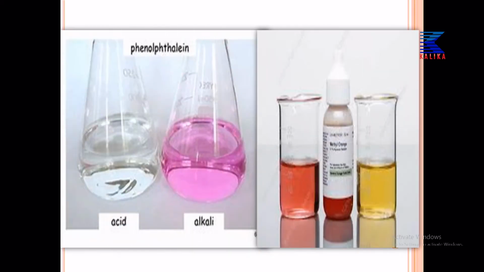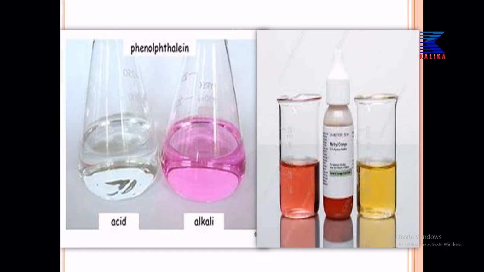Now, similarly, other types of indicators are phenolphthalein and methyl orange. The color of phenolphthalein does not change in acid, while in alkali the color changes into pink.